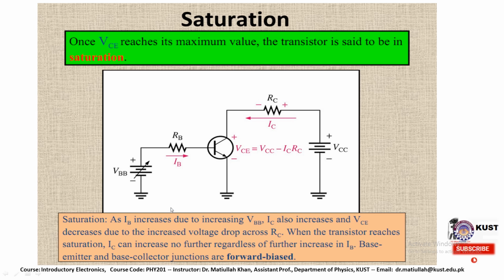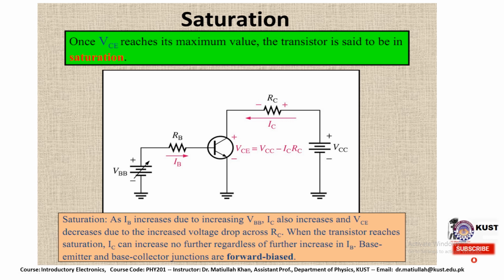Normally, with increasing IB due to VBB, that is the external potential difference, the collector current increases. Keep in mind the base current can be increased with the help of VBB, and if we increase the base current, the collector current also increases, and VCE decreases due to the increased voltage drop across RC.